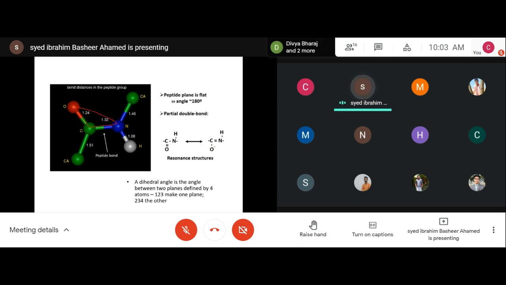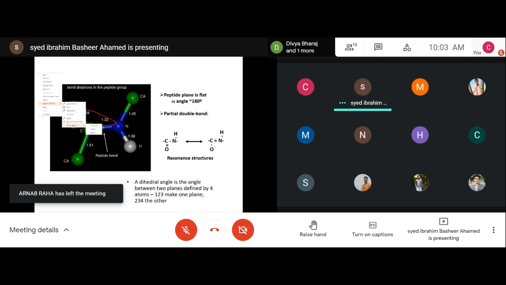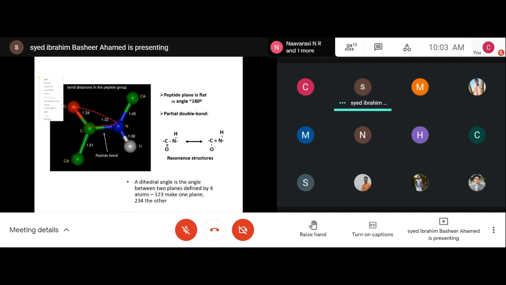So assume this as one plane. I cannot change the color. So think like this.